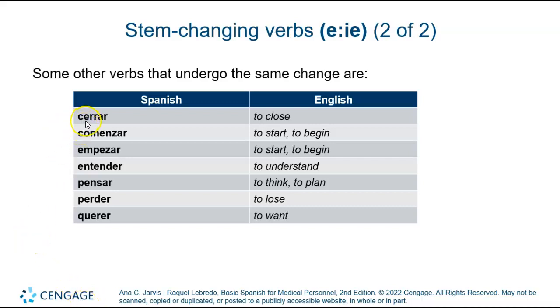Well, this E is going to turn to IE. So we'll say cierro, comienzo, empiezo, entiendo, pienso, pierdo, quiero. Please note that we have a mix of AR ending verbs and ER ending verbs. So always, in the midst of stem changing, don't forget about endings.